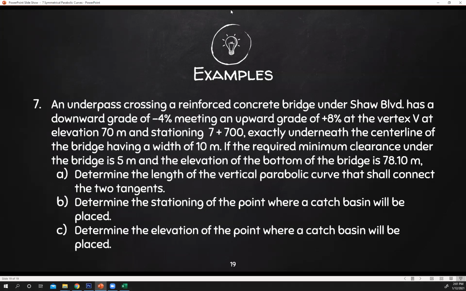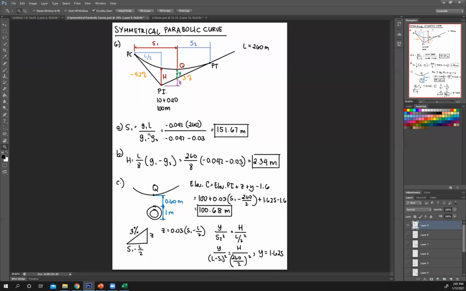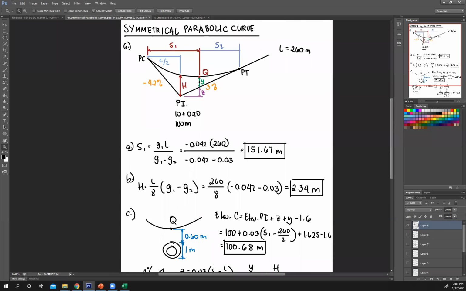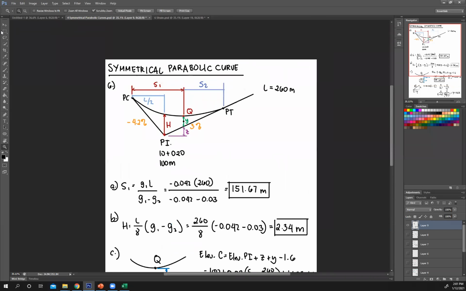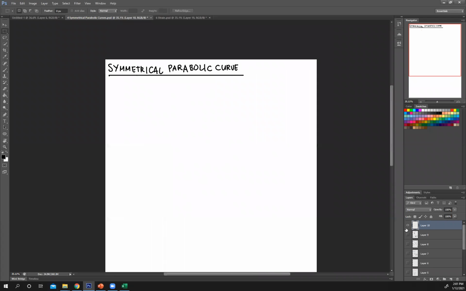So this is similar to your seat work last Saturday. So let's see if we have the same process of solution. Number 7. So again, first, let's try to draw what's happening.